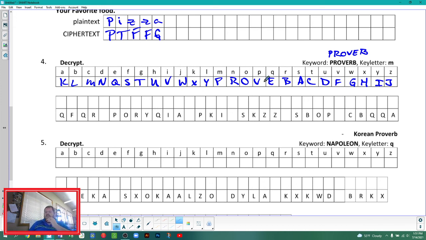Need to see it all. Proverb, starting at M. Should only be 6 letters I skipped. Sorry, I'm looking too hard at it. It's not helping.